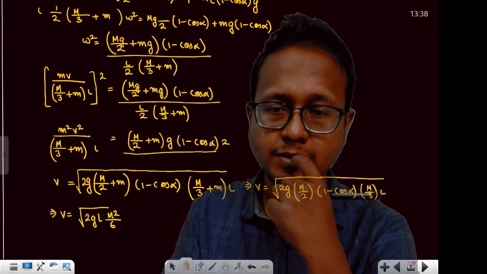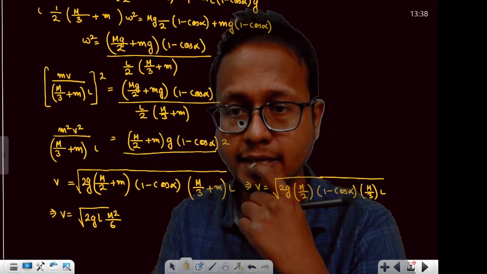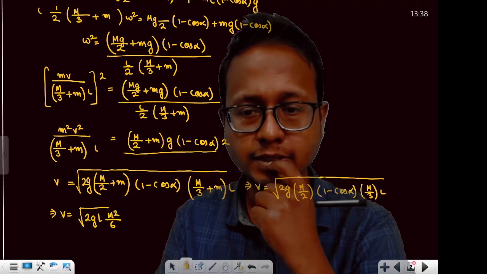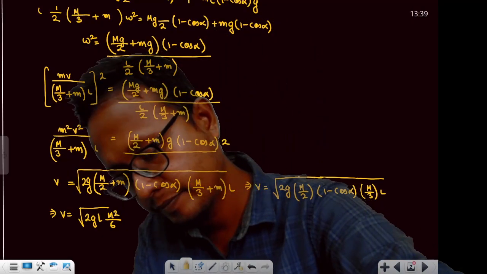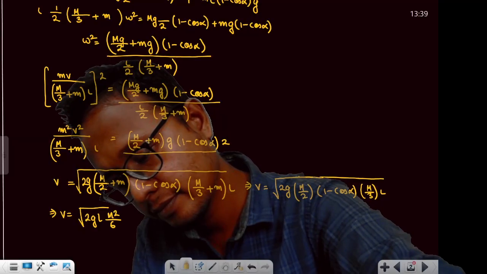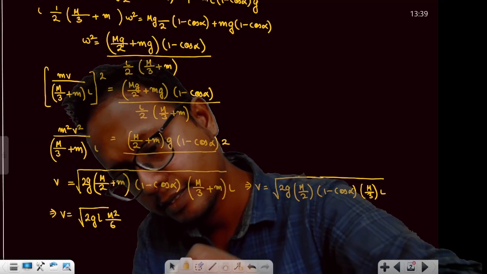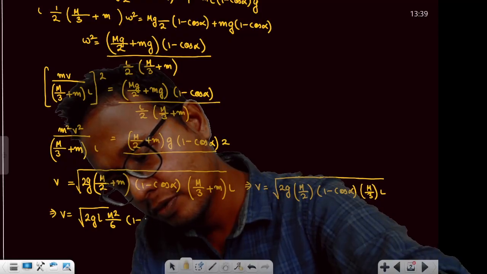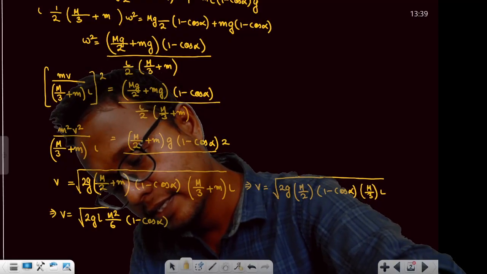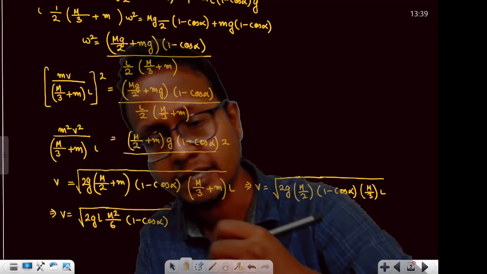Yeah, m square by 6. And how much? m square by 6 into L, m square by 6 into 1 minus cos alpha. This is somewhat dimensionally incorrect.